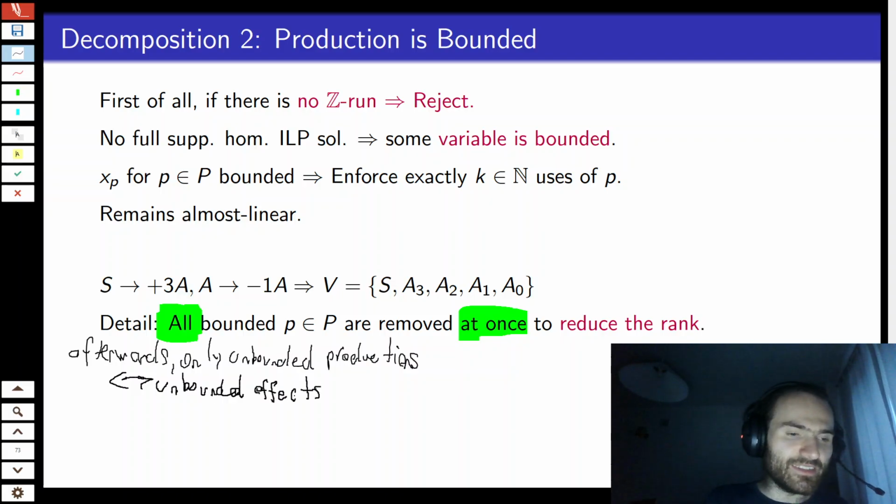And now the point is, this is essentially what we have to prove: no linear combination of unbounded stuff is bounded.